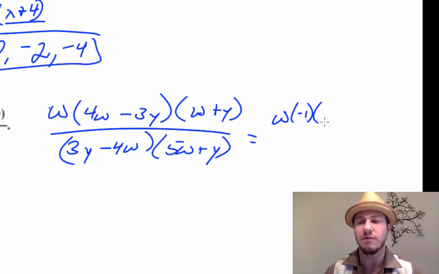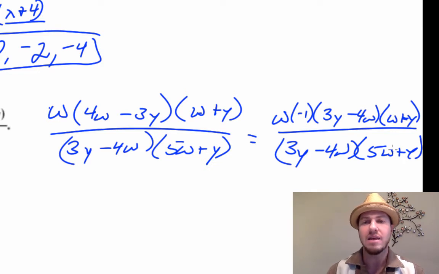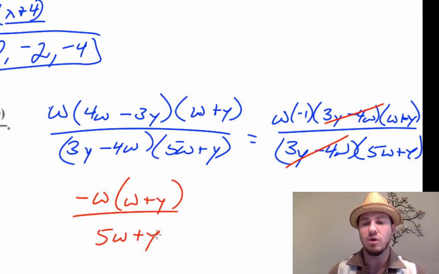So it's positive 3y minus 4w times w plus y over 3y minus 4w times 5w plus y. Now you can see that these are the exact same and can cancel out. And simplify it, I get -w times w plus y divided by 5w plus y.